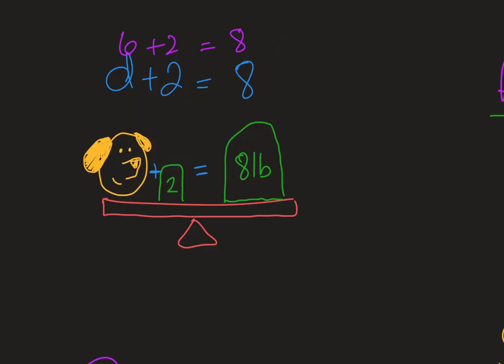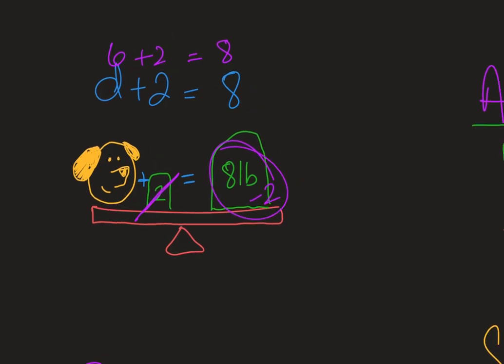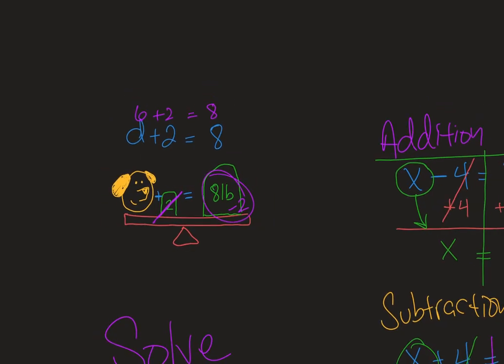Like, what dog has ever weighed that, right? So here's what we could do to solve this exact equation. We have this 2 weight right here. Why don't we subtract it from this side? And if we subtract it from that side, that's going to make our seesaw out of balance, unless we take 2 pounds away from the other side, in which case it would balance out perfectly, right?